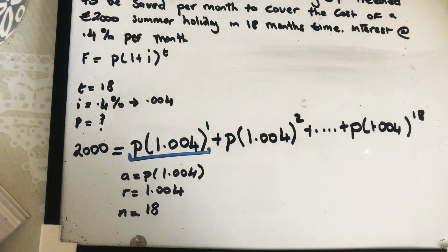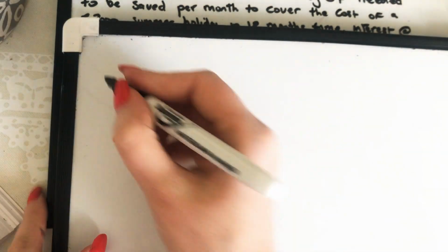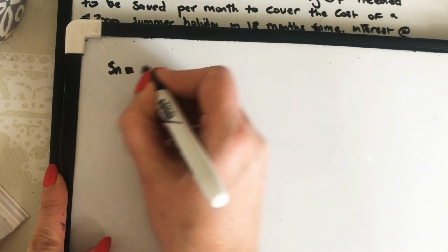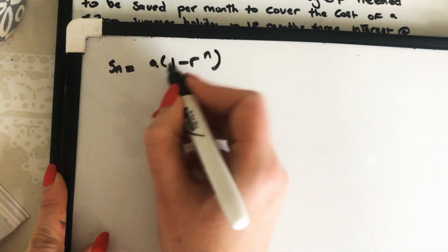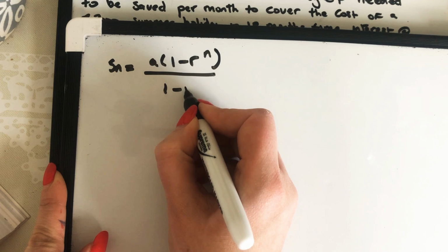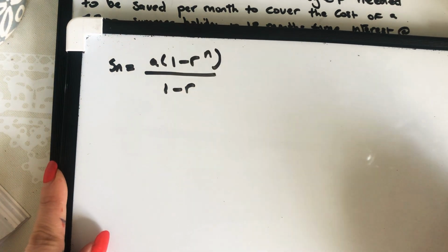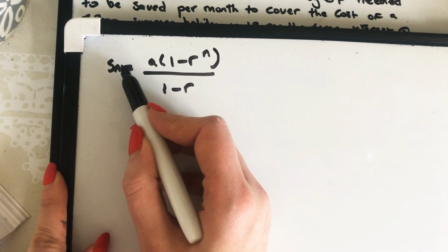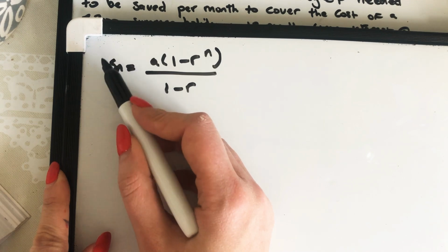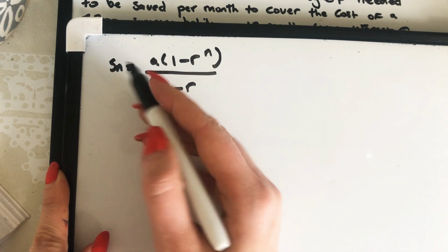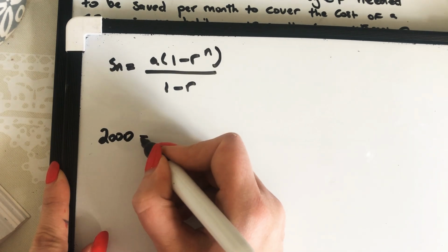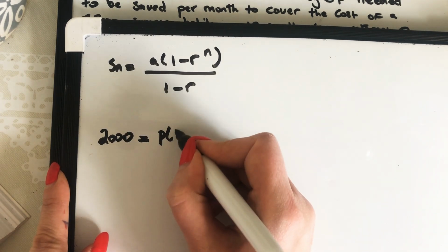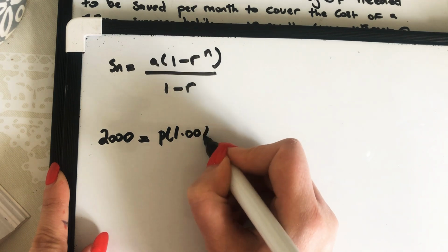And now let's write out the formula. So here we have Sn is equal to a(1 minus r to the power of n) all over 1 minus r. And we're going to sub in our values. Now we know that Sn represents the sum of the total number of terms, and we know that number is €2,000. And our a was P(1.004).